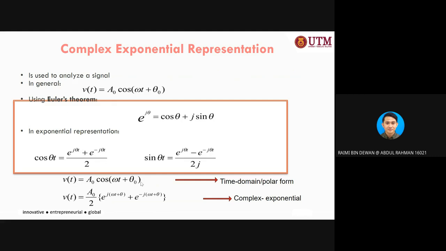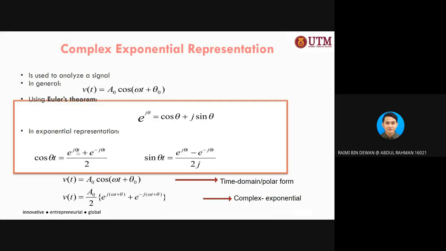So you see here, this is v(t) equals A_0 cos(omega t plus theta_0) from earlier, which is in the time domain polar form. If we want to convert, we need to consider this equation now. So we have e^(j omega_0 t).